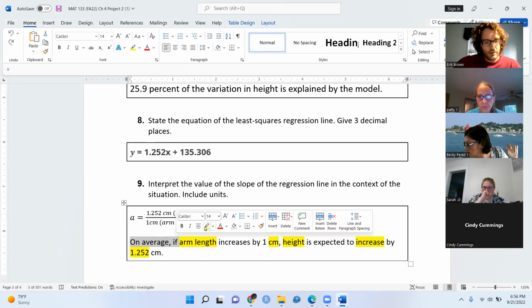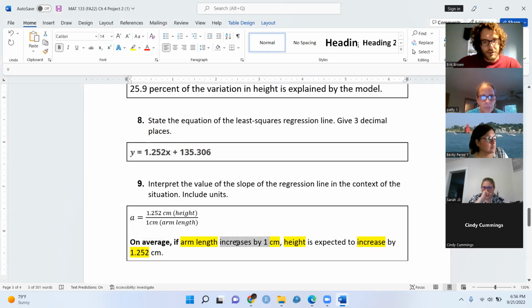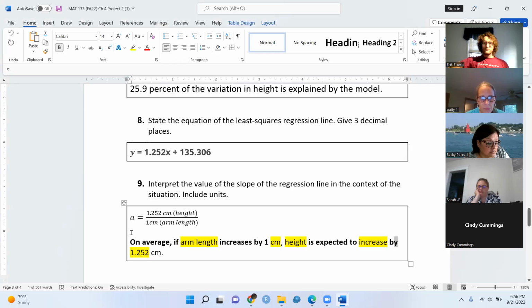So this part of the thing never changes. The only thing that could change is if the slope was negative, remember, that it could be a decrease.